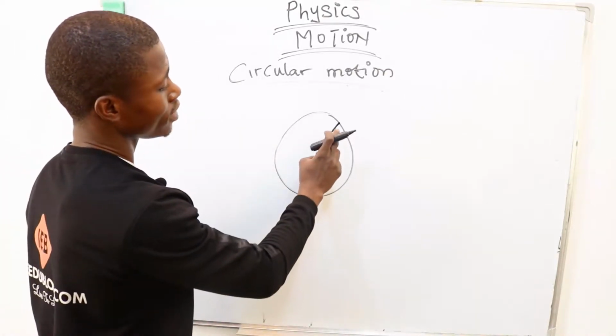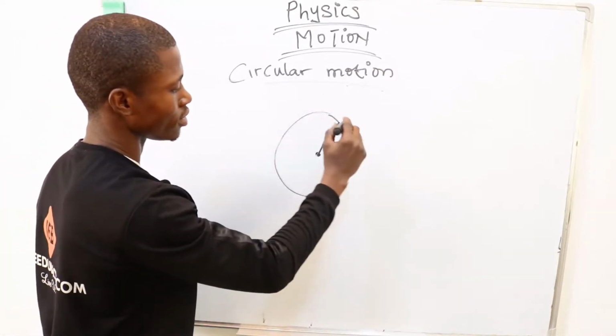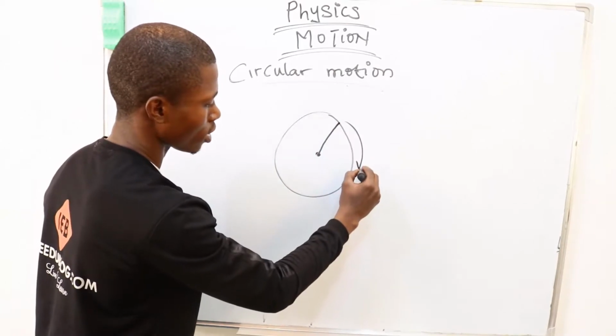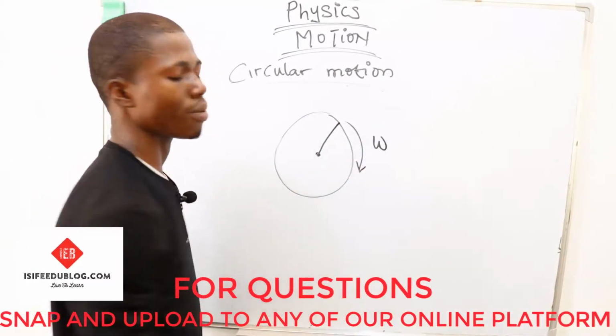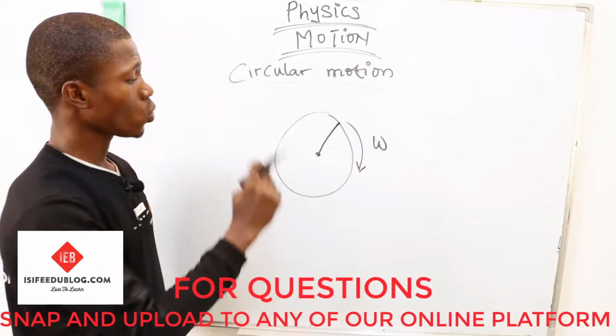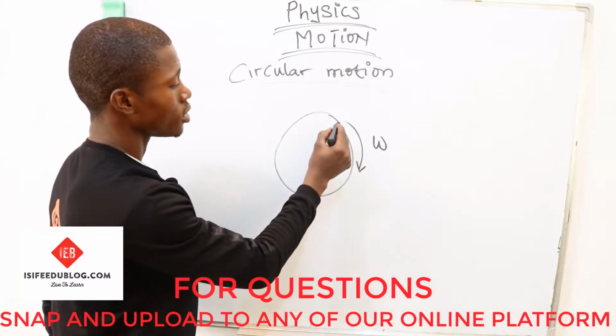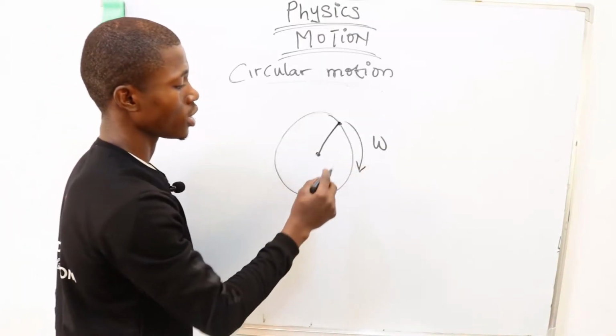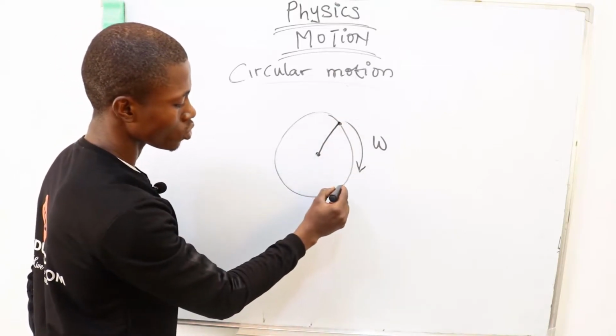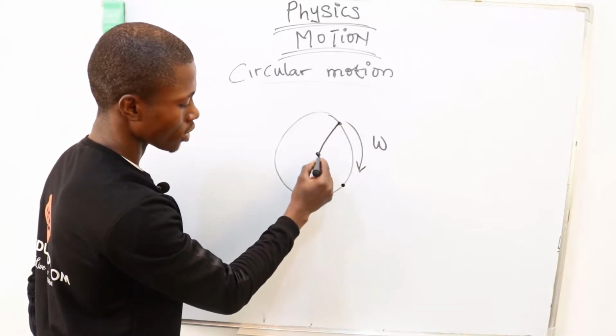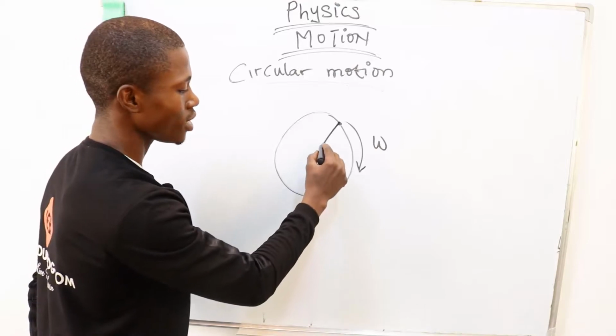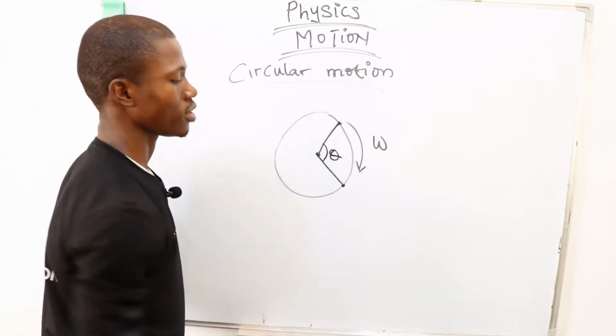If this circle is rotating like this, it is said to have an angular velocity, which is noted with W. Okay? And what if, let me say, there was a point here, this is a stone, and it rotates to here, and this is our radius, and it makes an angle of theta.